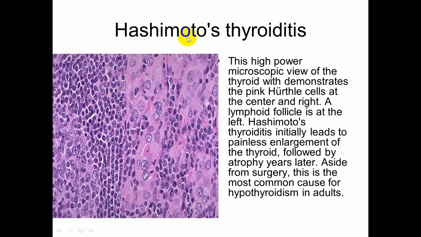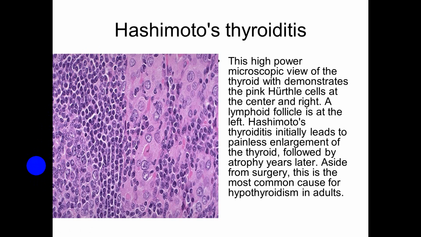This is high magnification of Hashimoto's thyroiditis. A view of the thyroid demonstrates the pink Hurthle cells at center and right. Lymphoid follicles are at the left. Hashimoto's thyroiditis initially leads to painless enlargement of the thyroid, followed by atrophy years later.